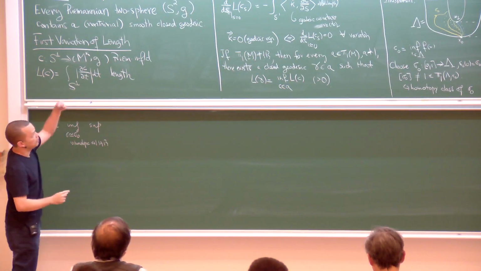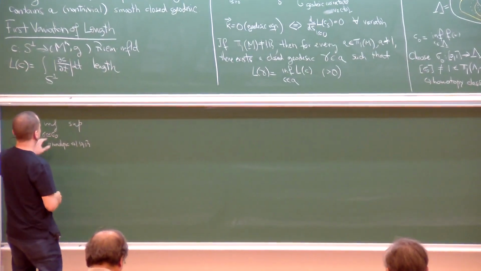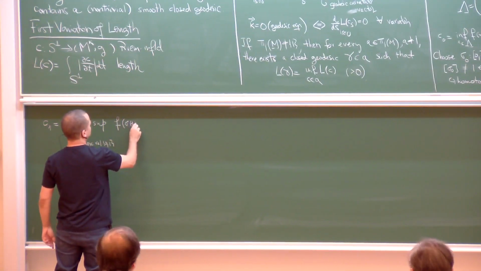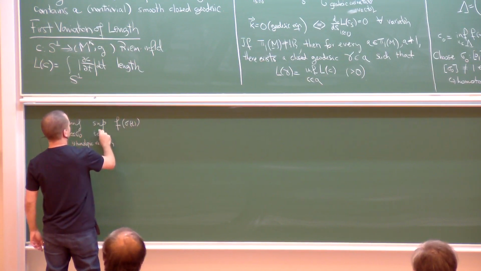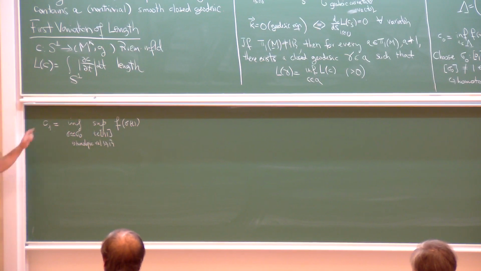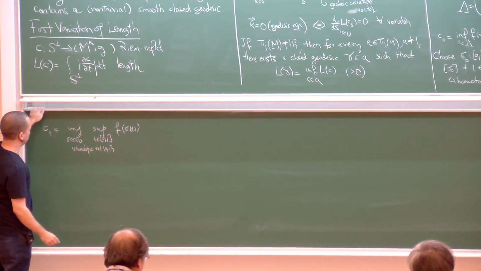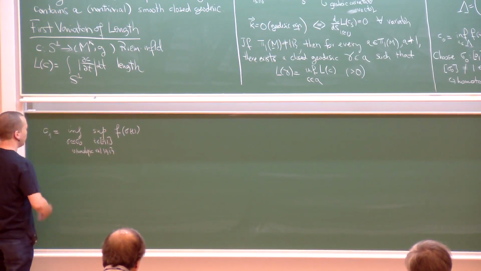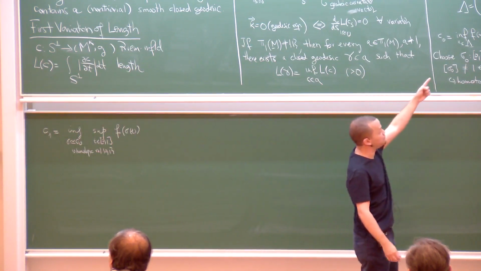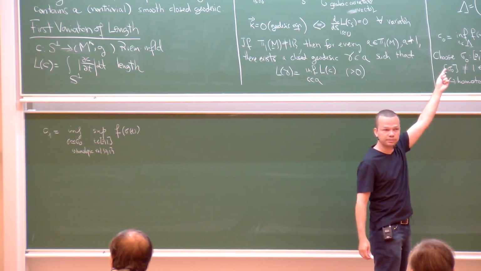So for each yellow loop in the picture, I maximize the function over that loop, and then I minimize over all loops, and I get c1. Okay? So this is what minimax is. It's a way of detecting non-trivial critical points by using the topology of the space, lambda.